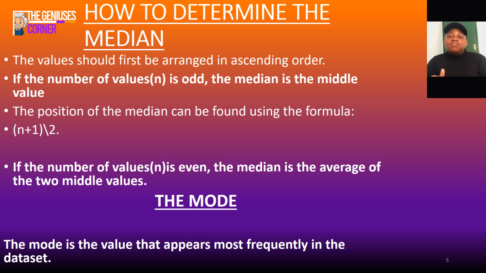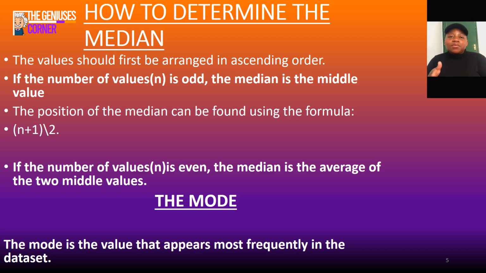So that can lead you to the position. Note that this formula will not give you the exact median, but it will give you the position of the median. So n is the number of values, right? So you have n plus 1 divided by 2, you're going to get the position of your median.